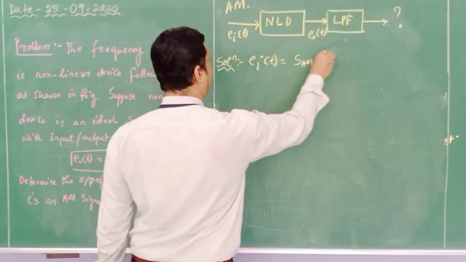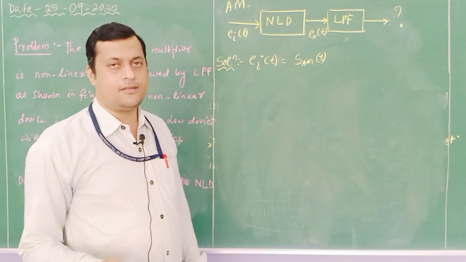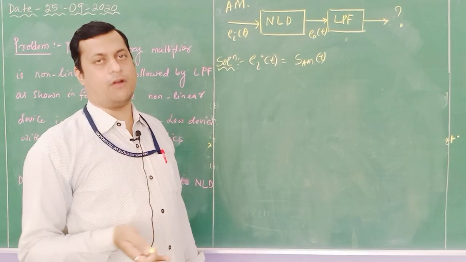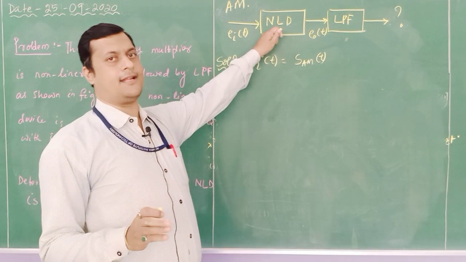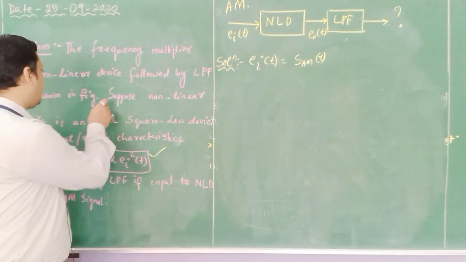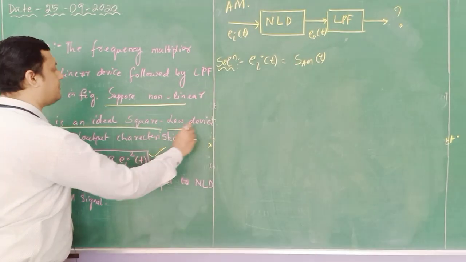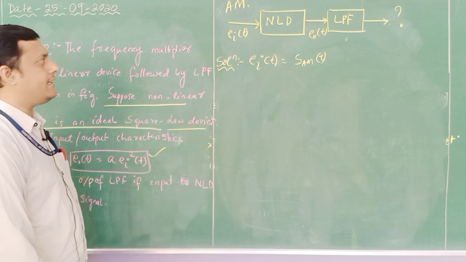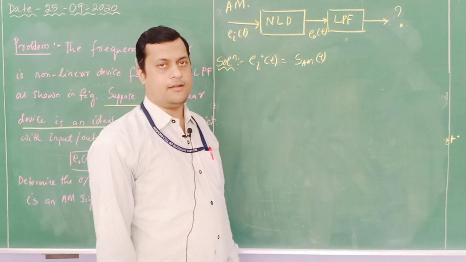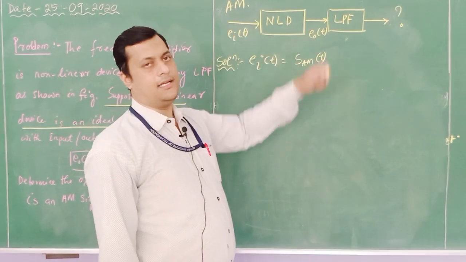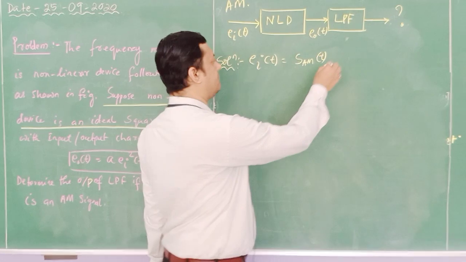That means this problem is related to the square law demodulator. The NLD is a square law demodulator, as it is given: suppose the nonlinear device is an ideal square law device. So indirectly it is given that the nonlinear device acts on the principle of a square law demodulator followed by a low pass filter.